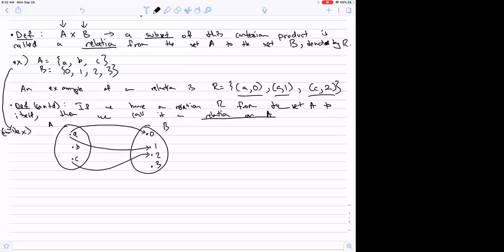For a function, we would need a, b, and c all to be taken to some element in B, and not taken to multiple elements. But for relations, you don't have such strict conditions, so they're basically a looser form of a function. But the formal definition is that it's a subset of the Cartesian product A cross B. So that's what I want to say about relations.